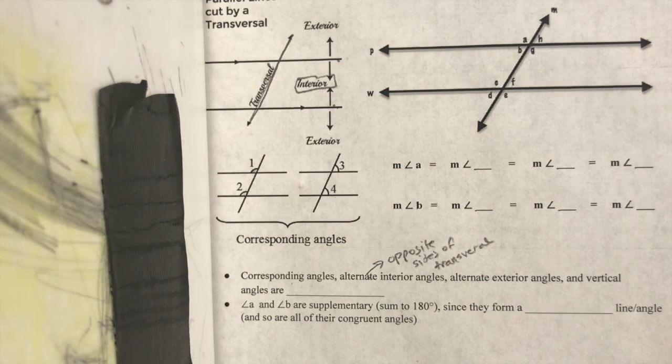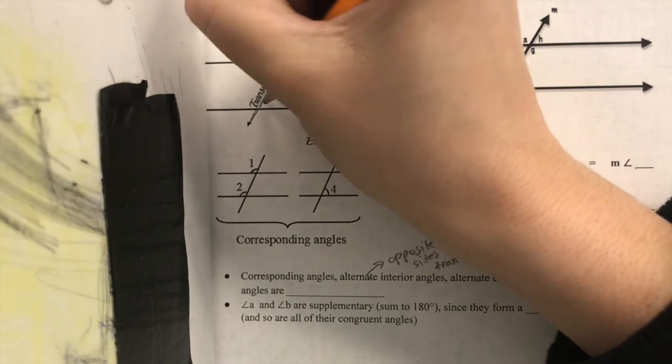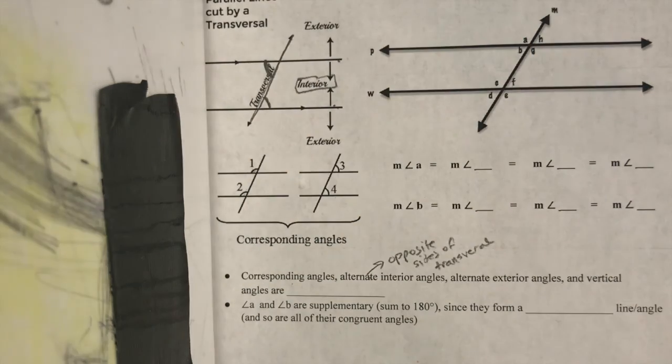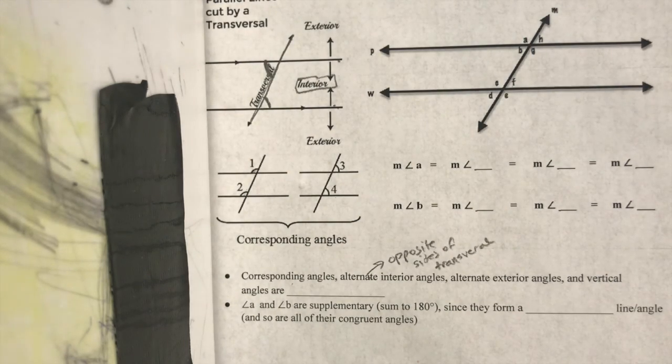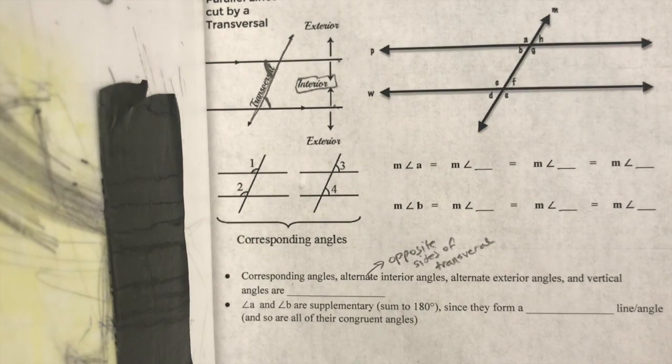Opposite sides of the transversal. So this angle and this angle are alternate interior angles because they're inside the two parallel lines, and they're on opposite sides of our transversal.